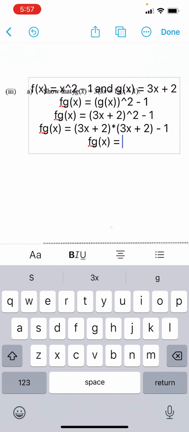Now, to solve 3x plus 2 times 3x plus 2 minus 1, we're going to do the multiplication first. And we're going to use the bird beak method.